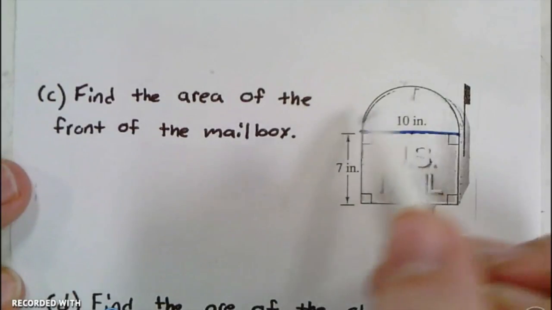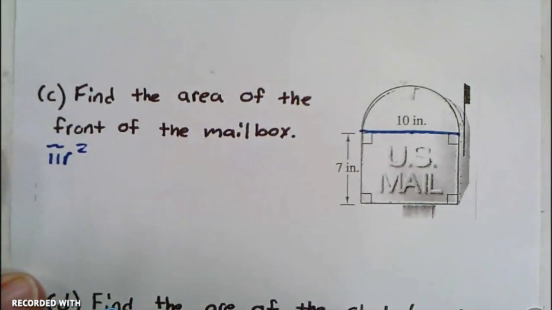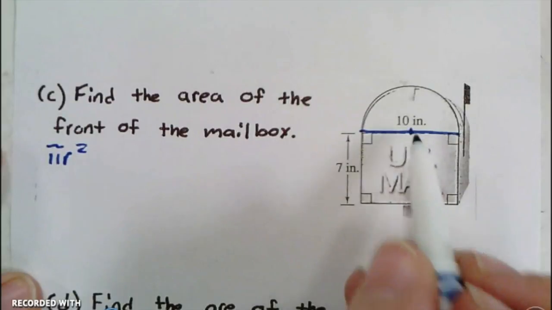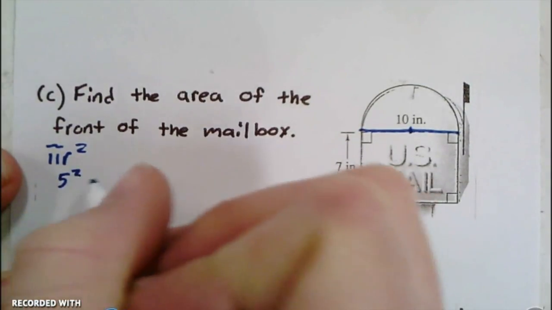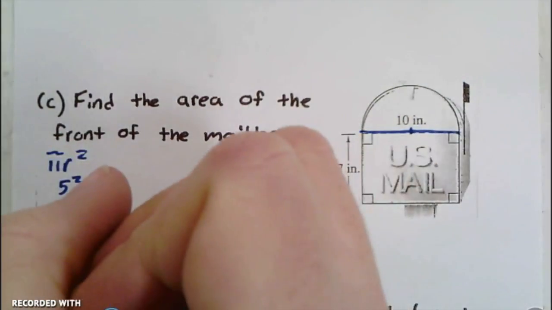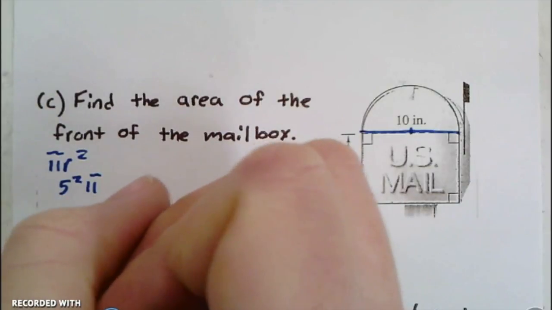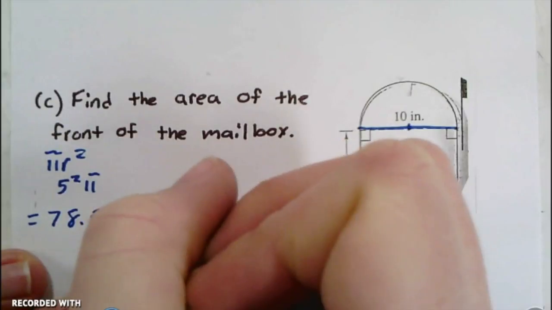So in order to find the area of this, I'm going to need to do pi r squared. So I'm going to take half of the radius, which is 5, and I'm going to be doing 5 squared times pi, which is about 78.5 inches squared.